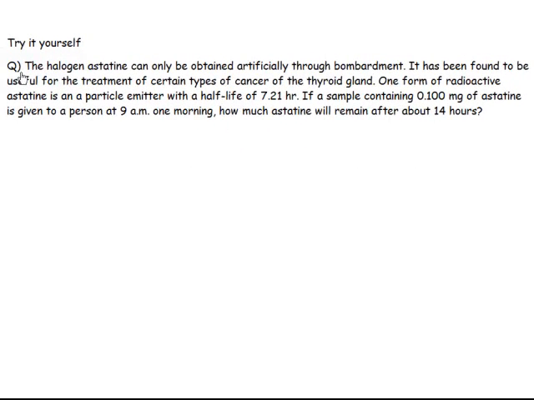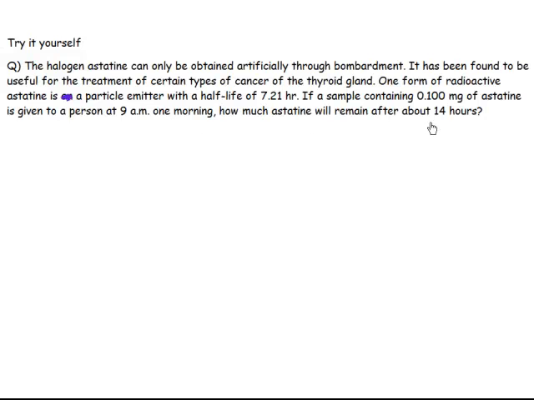The next one, the halogen astatine can only be obtained artificially through bombardment. It has been found to be useful for the treatment of certain types of cancer of the thyroid gland. One form of radioactive astatine is an alpha particle emitter with a half-life of 7.21 hours. If a sample containing 0.1 milligrams of astatine is given to a person at 9 a.m. one morning, how much astatine will remain after 14 hours?